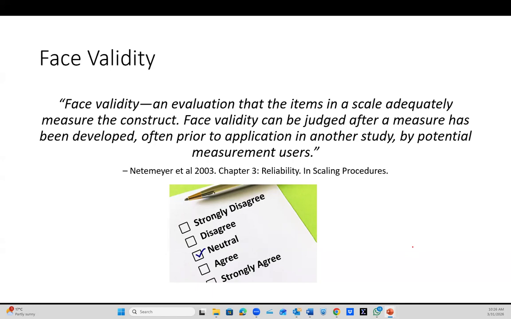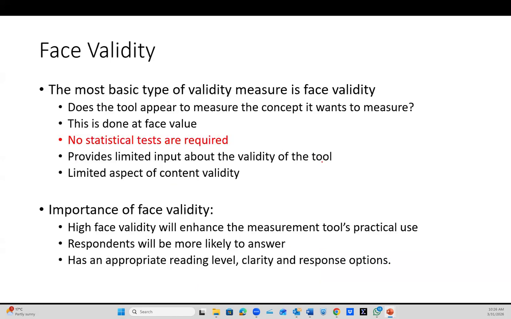So by face value, are you capturing support, satisfaction, or income insufficiency, and so on and so forth? It's more that you take it from the measurement users, the people who are going to use this measurement, and it does not have any statistical test. No statistical test is required.